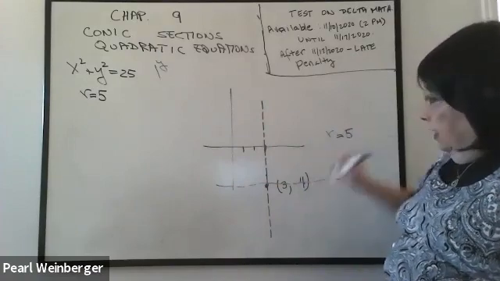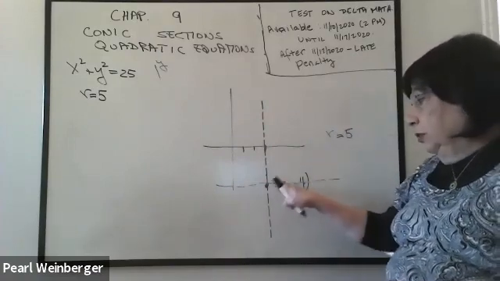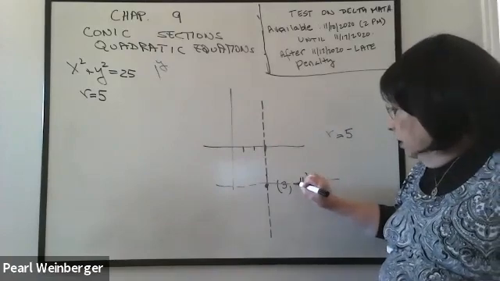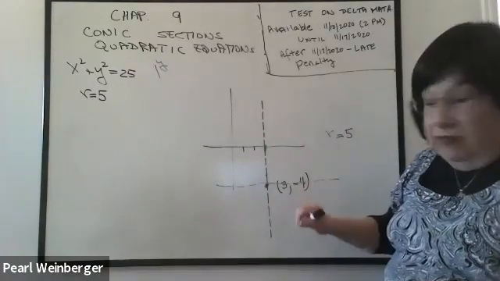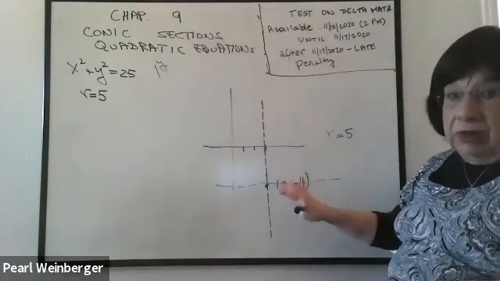How would I draw that? Well, I'd start at the point 3, negative 4. And then in all 4 directions, I would count 5 boxes. Remember, I'm doing this on graph paper.